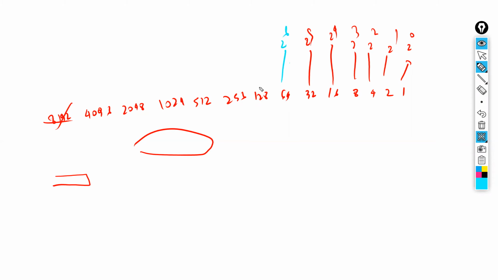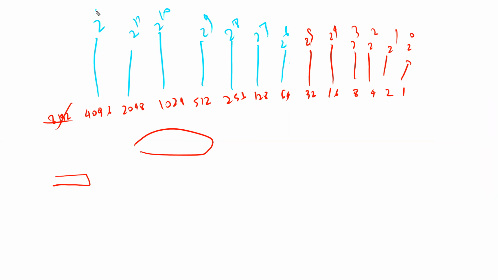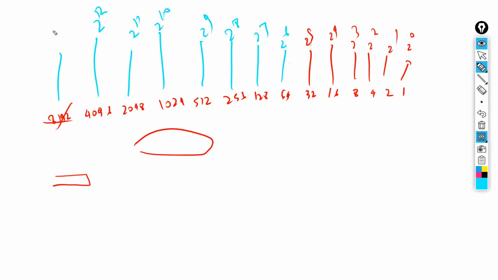Here 2 to the power 6, 2 to the power 7, 2 to the power 8, 2 to the power 9, 2 to the power 10, 2 to the power 11, 2 to the power 12. You should know this value 1, 2, 4, 8, multiply 2 into 2 into 2.